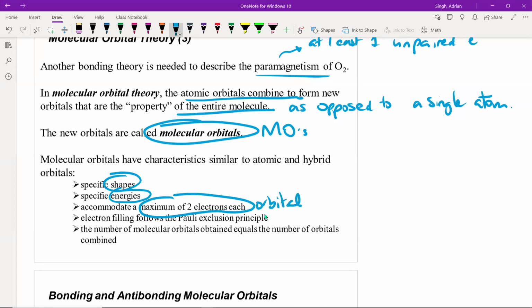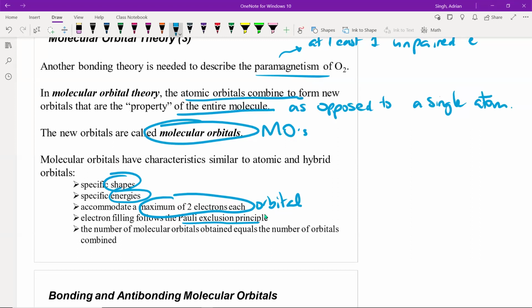We're going to fill the molecular orbitals in the same order by which we fill other orbitals. We're going to follow the Aufbau principle, sticking them in with the lowest energy level first, and then we're also going to follow the Pauli exclusion principle and Hund's rule and all the other rules that we use to fill atomic orbitals. We're going to use the same rules for filling in our molecular orbitals.